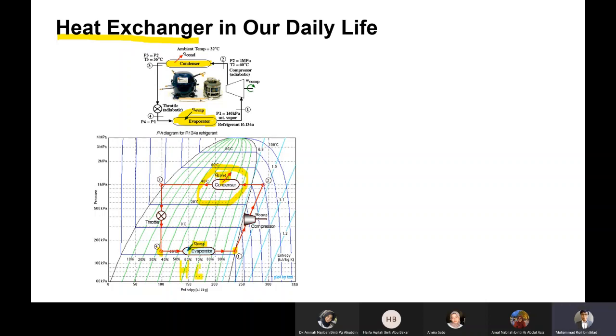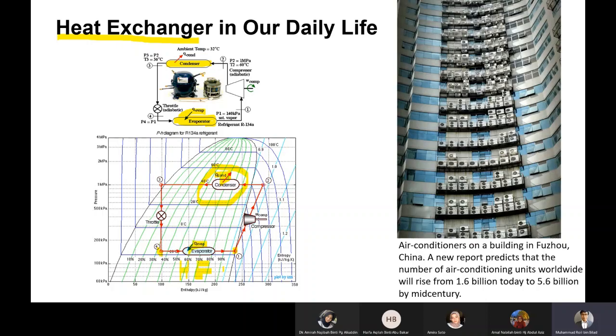And if you notice, I have this contrasting image. This is an air conditioner on a building in Fuzhou, China. The caption of the report said that there is a prediction that the number of air conditioning units will rise from 1.6 billion to about 5.6 billion by mid-century, 2050.